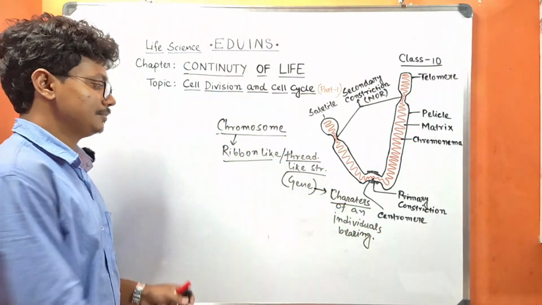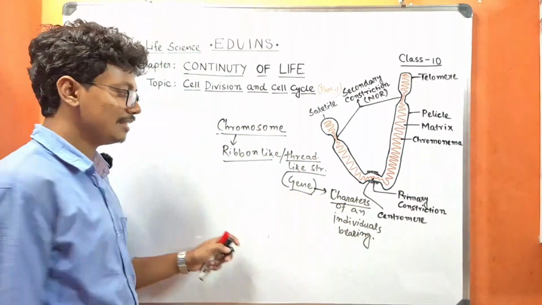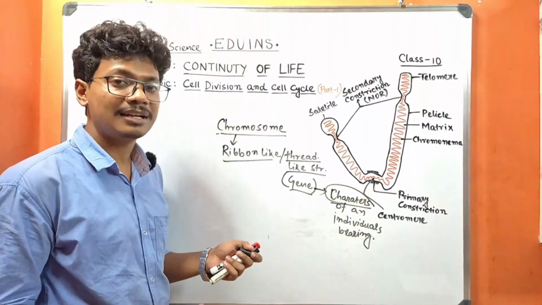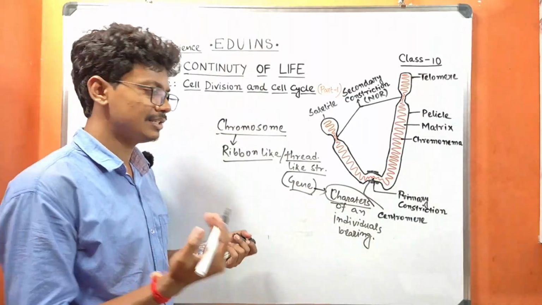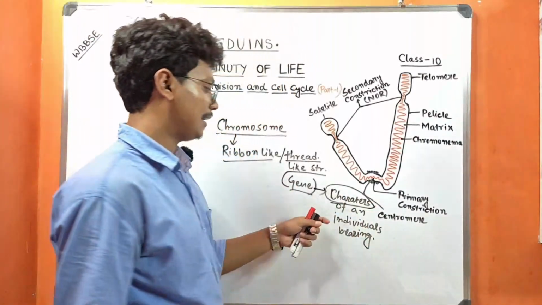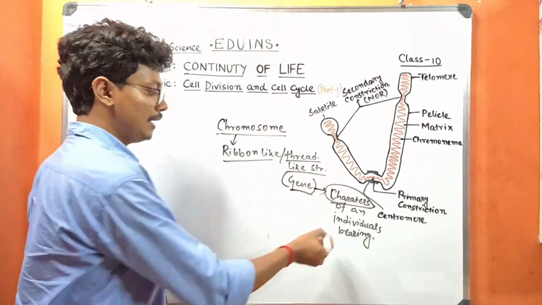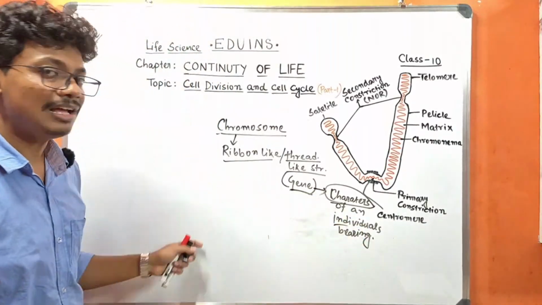The genes carry different kinds of characteristics like eye color, hair color, skin color, height, etc. Different types of characteristics are borne for an organism or an individual. So this is the chromosome.